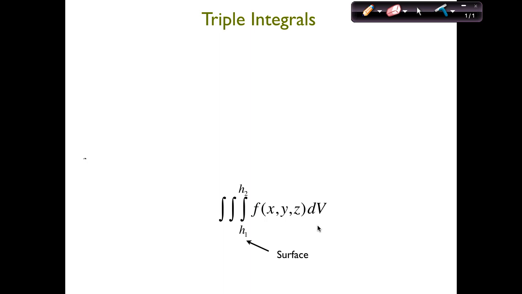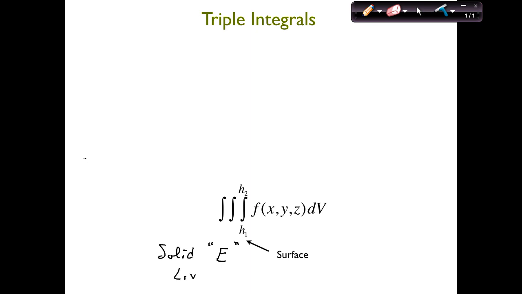So therefore, when we talk about what we're integrating over, which is now no longer a region, we're going to step it up 1 dimension. What we integrate over is a solid. We're going to call it solid E. And the thing that we integrate over lives in R3, right?